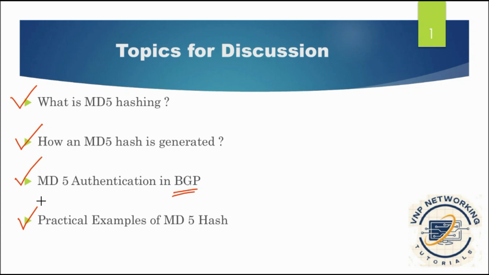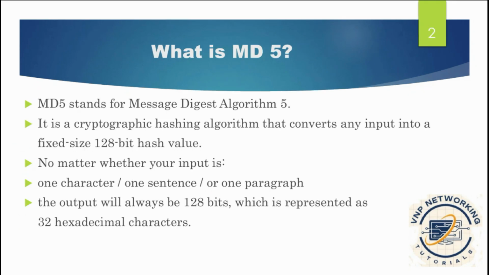So let's get started. Now, let's understand what exactly MD5 hashing is and how it works. MD5 stands for Message Digest Algorithm 5. It is a cryptographic hash algorithm or function that takes an input of any length and produces a fixed size 128-bit hash value.